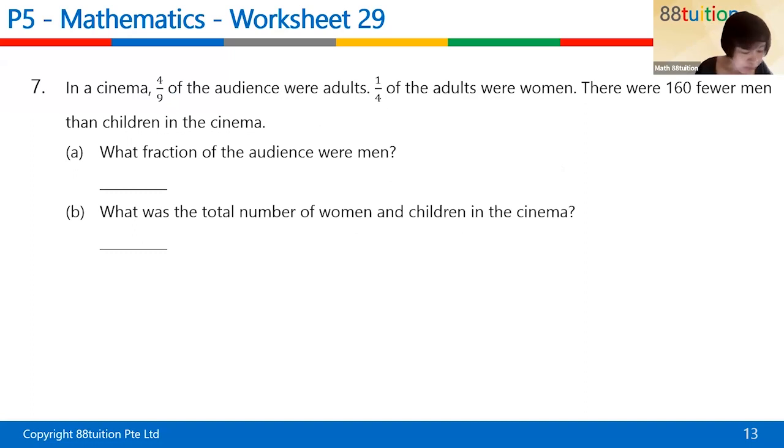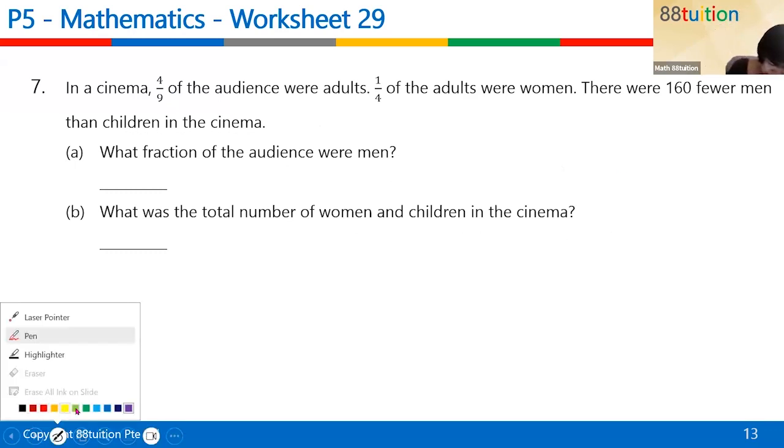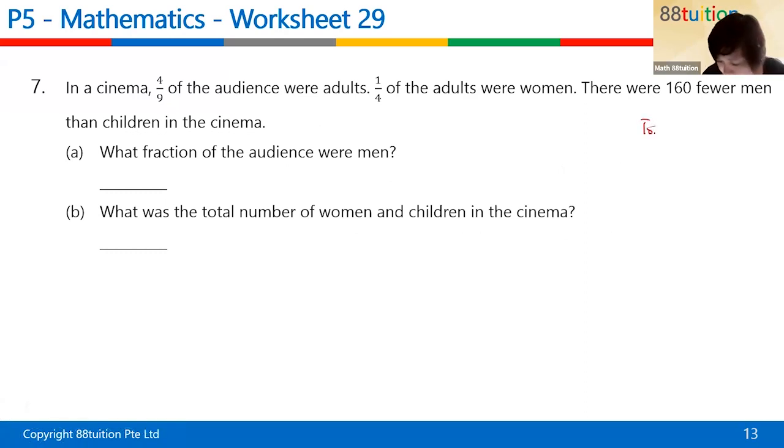In a cinema, 9/13 of the audience were adults. Okay, so I have to put it here in such a manner. Total audience 9 units.